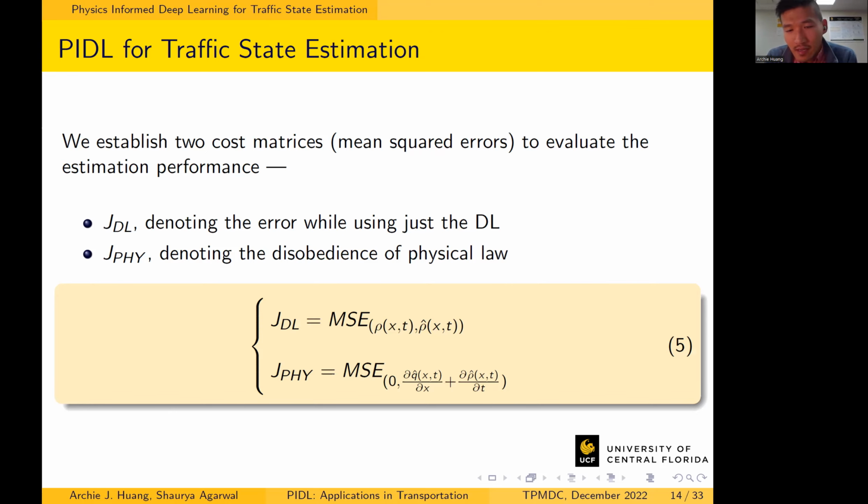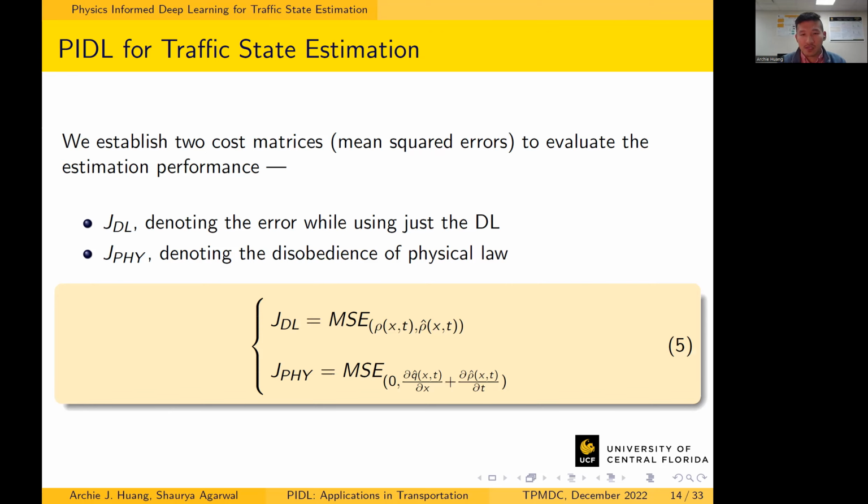And for the physics cost here, I plugged in the LWR conservation law, and that's how I can compute the physics cost. And that is the gist of PIDL: by incorporating the physics cost into the final cost function, I can consider the governing equation, serving as a regularization agent to obtain better estimation results.